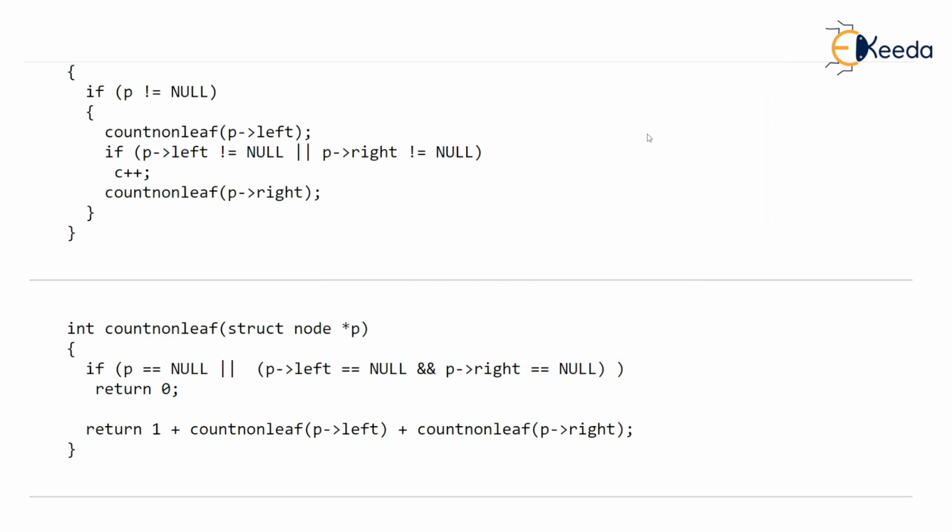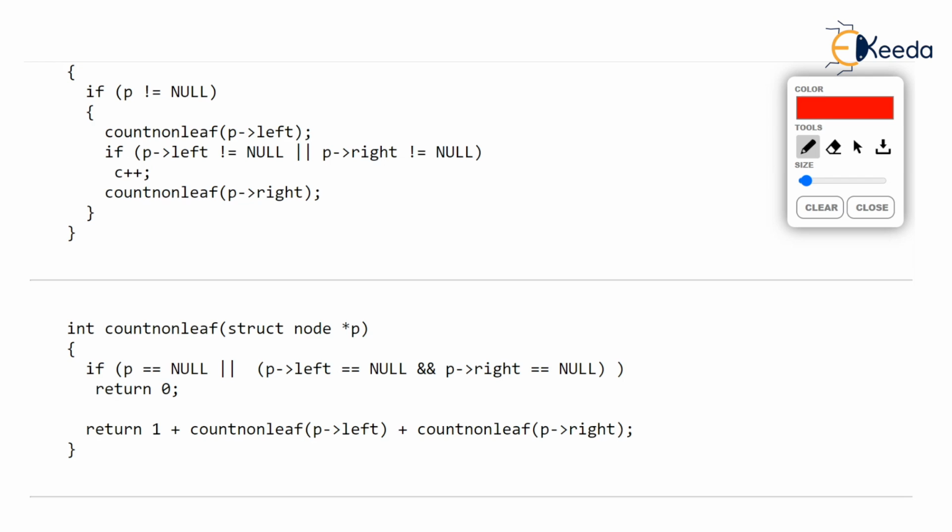So before we end the discussion, let's try what happens if you call this count non-leaf on such a tree. How is this going to run? Showing the operation like this, count non-leaf is called for 10. In count non-leaf 10, we first inquire, are we talking about a valid node?